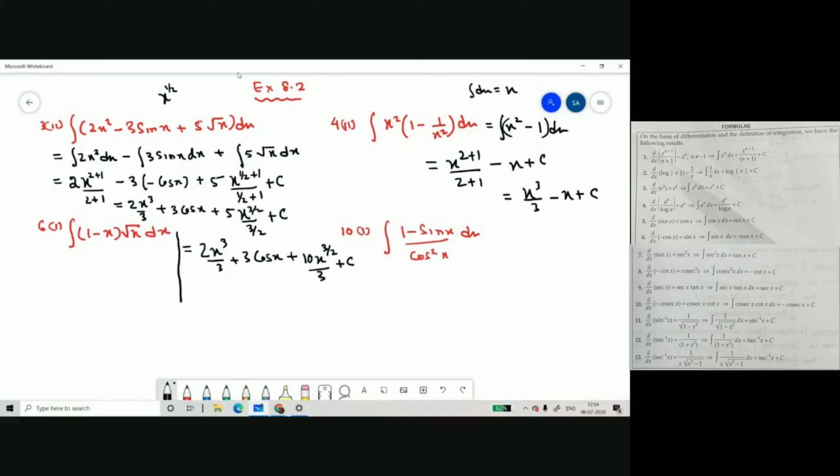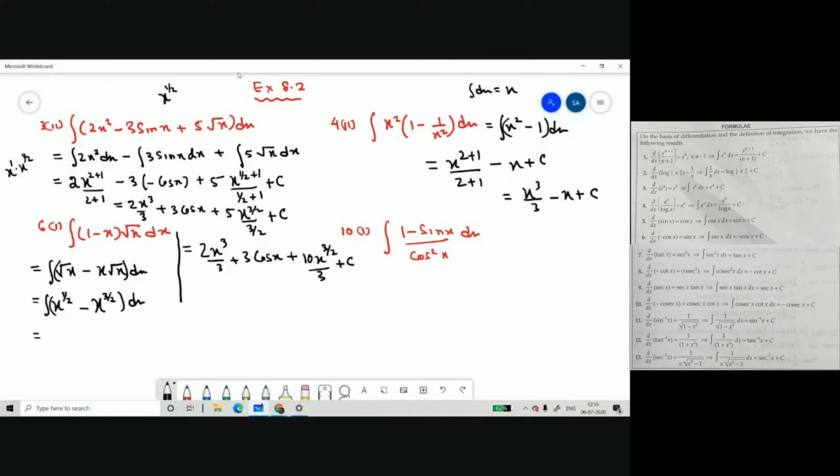Now look at 6 part 1. Same manner, we'll just first open the bracket. So this becomes integration of root x minus x root x dx. Am I clear or not? Now, this is nothing but x to the power half minus x multiplied by root x, which means x to the power 1 multiplied by x to the power half. So it's x to the power 1 plus half, which is 3 by 2, dx.